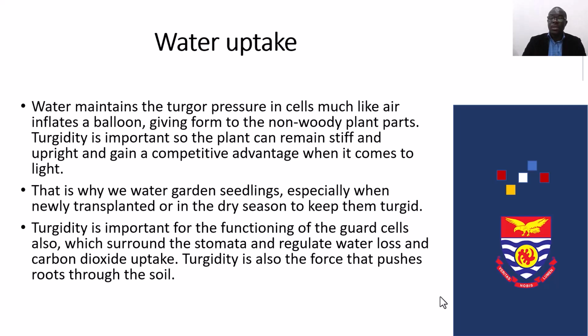That is why we water garden seedlings, especially when newly transplanted or in the dry season, to keep them turgid. Turgidity is important for the functioning of the guard cells also, which surround the stomata and regulate water loss and carbon dioxide uptake. Turgidity is also the force that pushes roots through the soil.